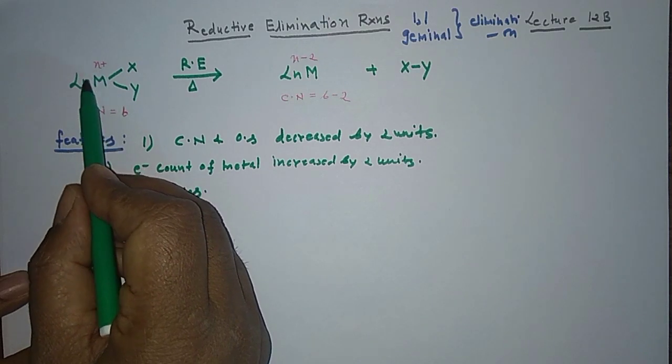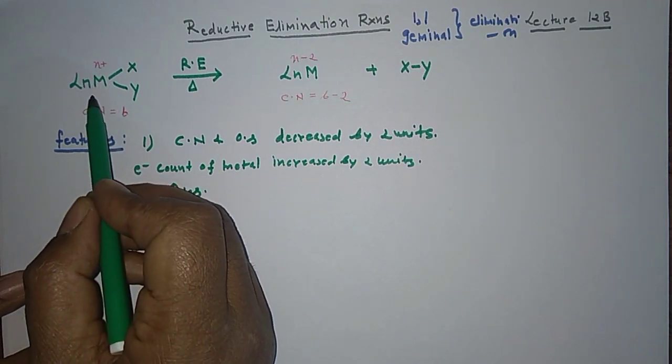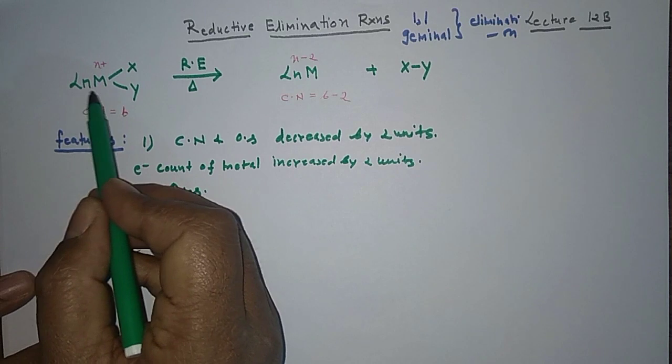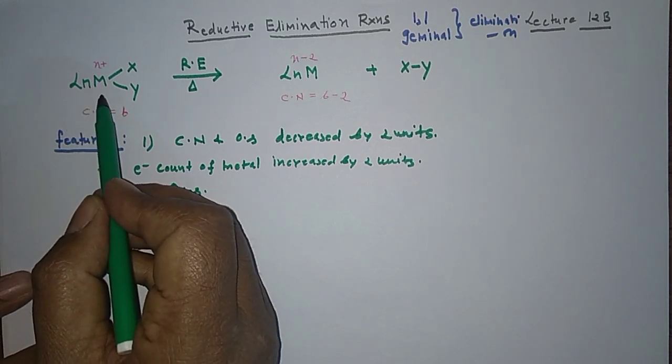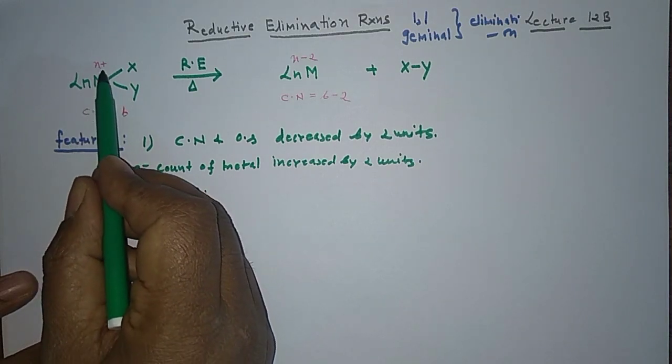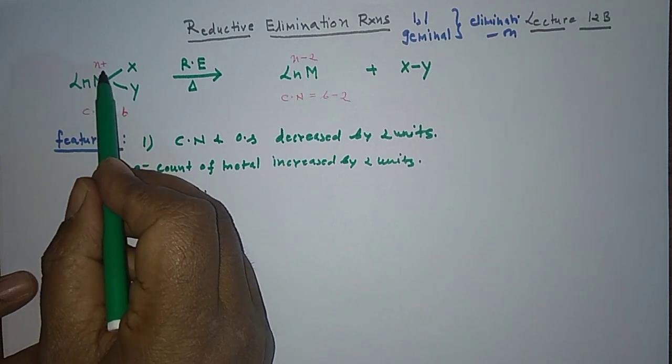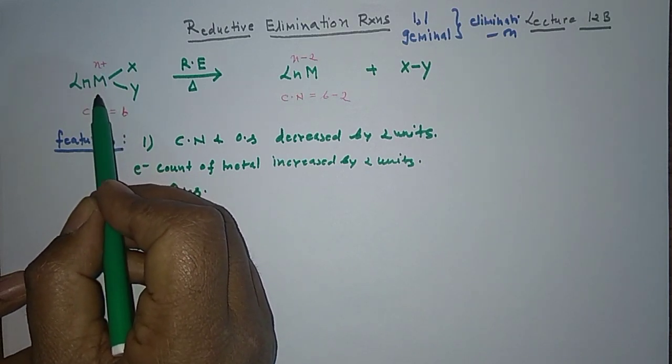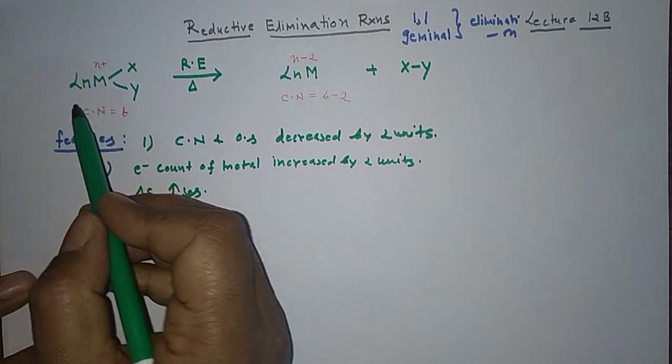So how will it become electron deficient? If it is in a higher oxidation state. And you can remember, in an oxidative addition reaction, the metal should be electron rich. So in reductive elimination, the metal should be electron deficient. So it is very, very common.